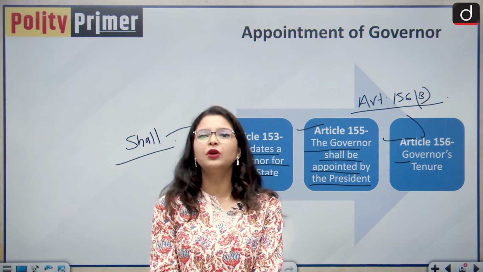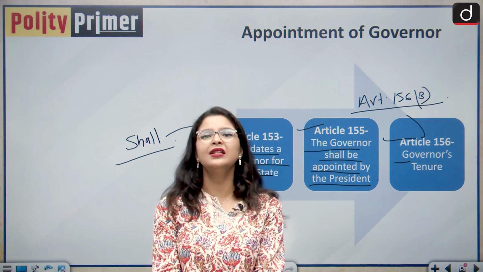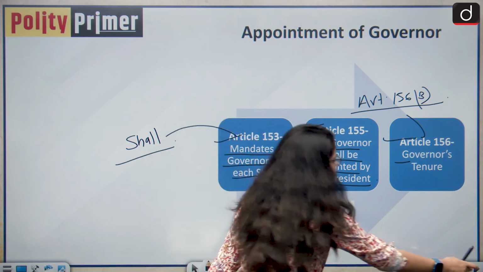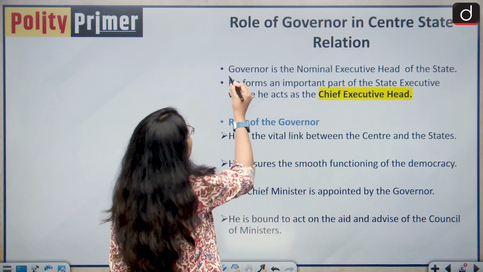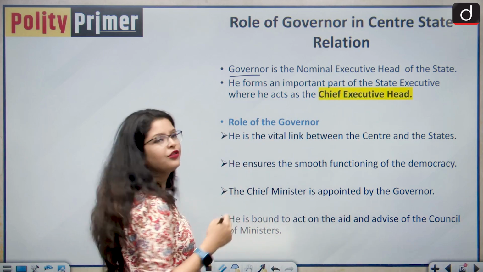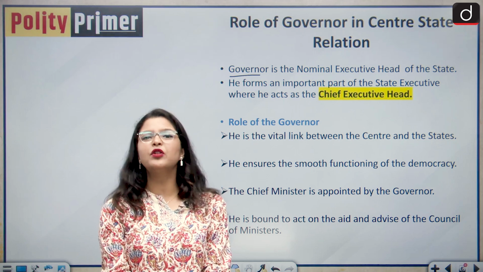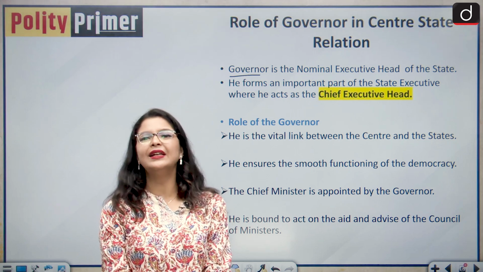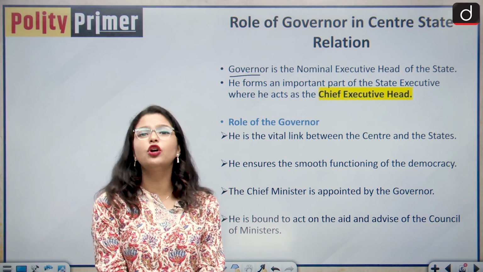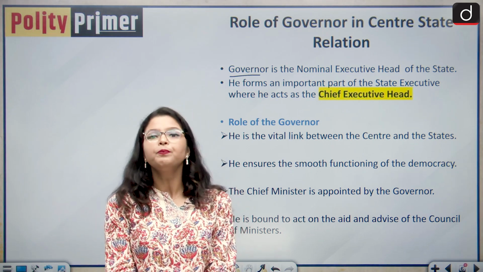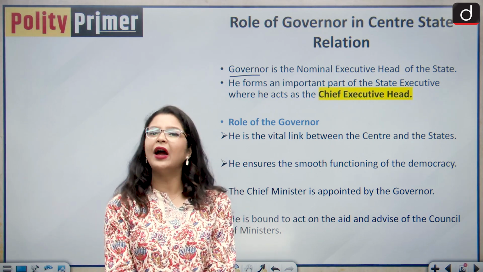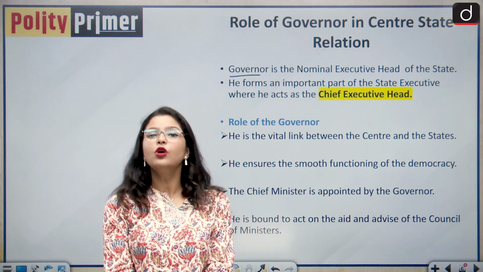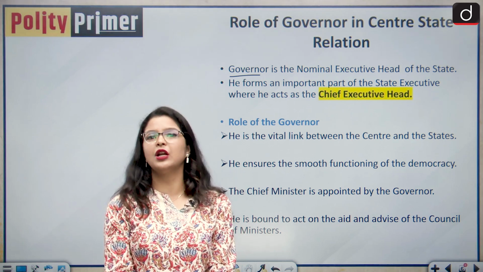Now let us proceed to understand the role of the governor in the center-state relationship. The governor is the nominal executive head of the state. As we know in the provisions of the President of India as well, the President is the de jure head of the government, and the Prime Minister is the de facto head. The same happens in the case of the governor.